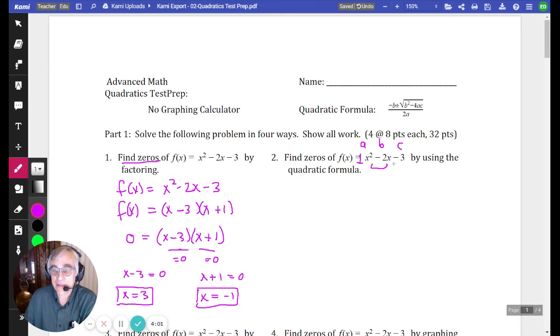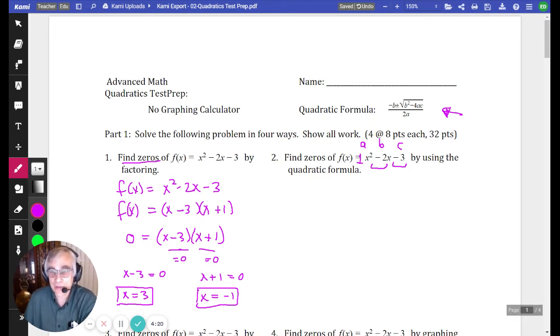Coefficient b is -2, and constant c is -3. So we're going to substitute these in for a, b, and c in the quadratic formula. And whatever that evaluates to are the values of x that make this function equal to 0.